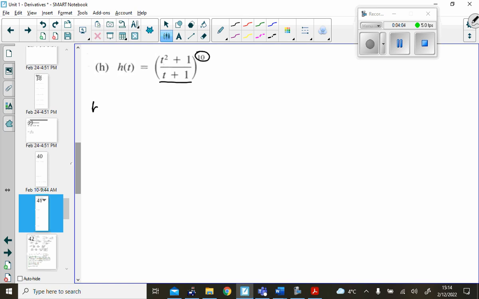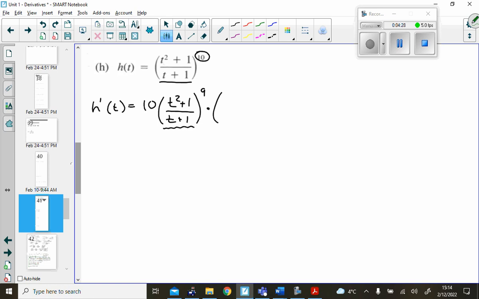I'm going to treat it like a power rule at the beginning. 10, keep the bracket the same. t squared plus 1 over t plus 1 to the 9th power. Then you have to multiply by the derivative of what's inside this bracket.